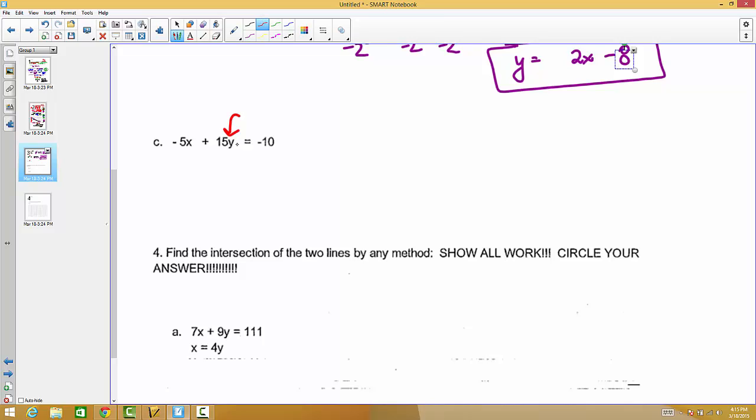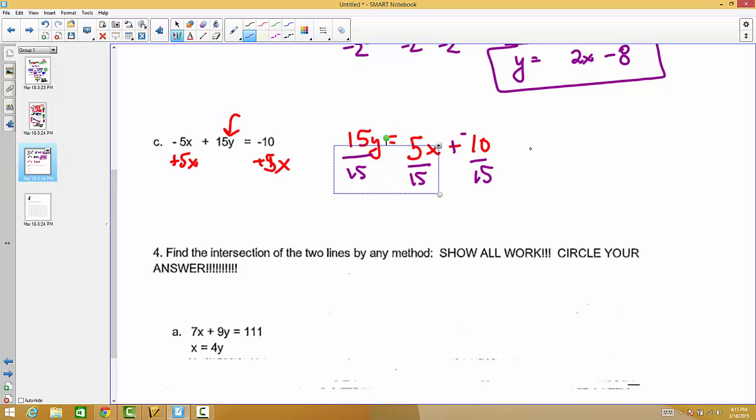This y needs to get alone. Add 5x. You are undoing the order of operations. So 15y equals, that my plus moved over. Okay, so positive 5x minus 10. Now I'm going to make that minus plus a negative, and you're going to divide by 15 to get the y totally alone.